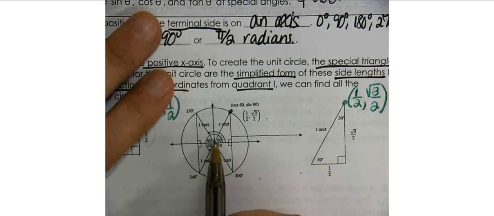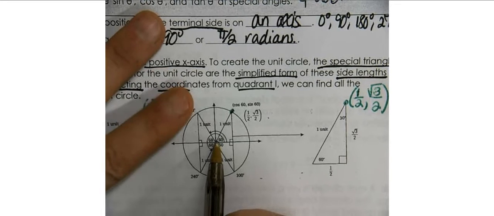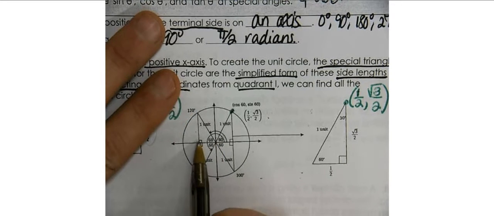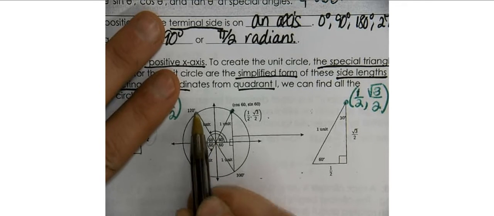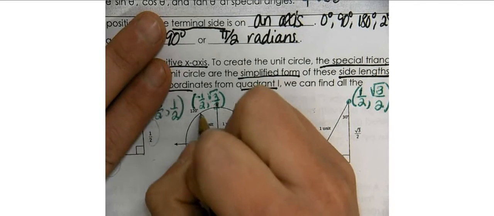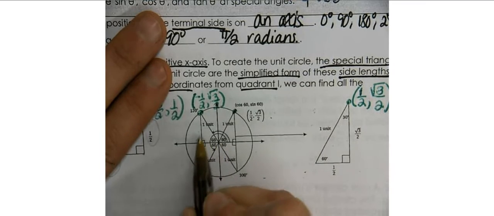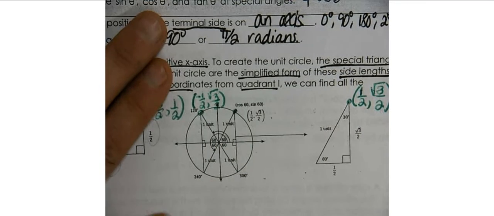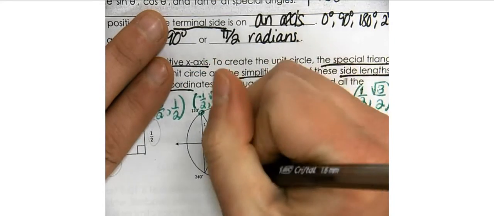Over here, instead of making this a positive, our x values are actually negative. So we're going over negative 1/2 and then up positive square root of 3 over 2. So our ordered pair is going to be negative 1/2 and then positive square root of 3 over 2. And that's created by reflecting our special right triangle, creating once again a 60-degree angle with our x-axis.